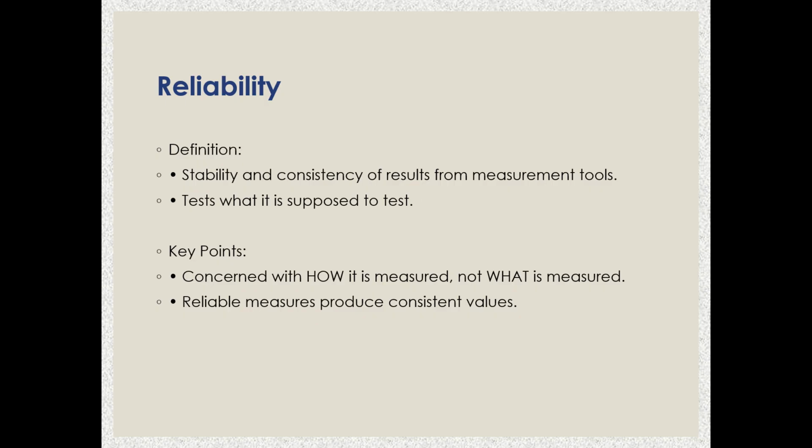And what is reliability? They have two definitions. First one is the stability and the consistency of results from measurement tools. Okay. Second one, test is what is supposed to test. Okay. So consistency is very important for your boyfriend and girlfriend. Remember that.